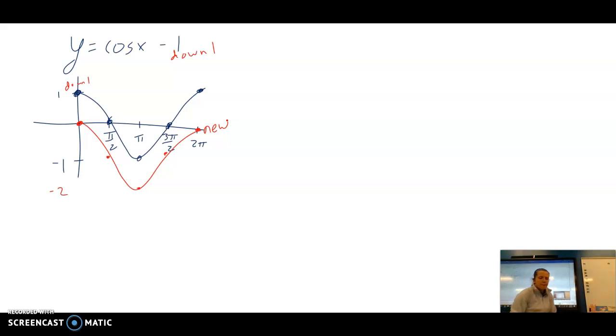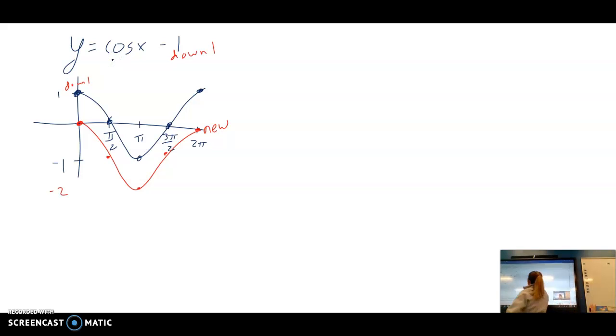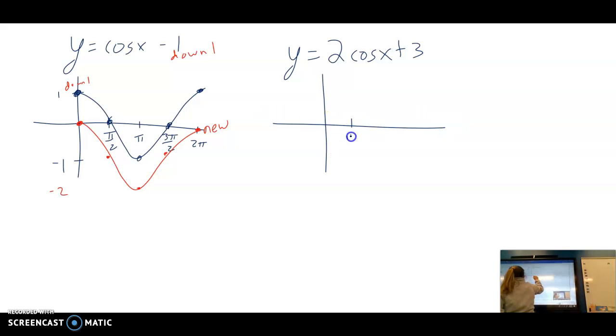Okay? Now, if I were to go back to the same example, this time I'm doing y equals 2 cosine of x plus, I don't know, 3. Okay, same exact thing. I have to plot those same points every time.